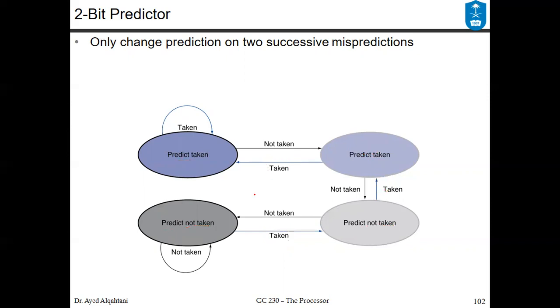So now you understand what we mean by it changes the prediction after 2 successive mispredictions. Most of the cases, your prediction is either here or here. You will move from here to here if you have 2 mispredictions, but from here to here, you will need 3 mispredictions.